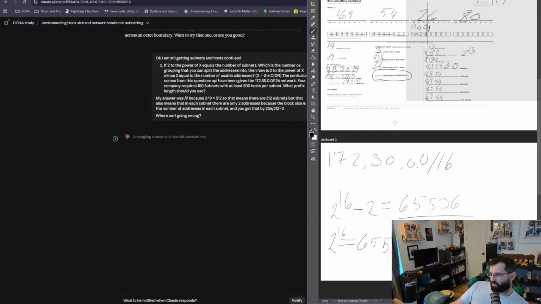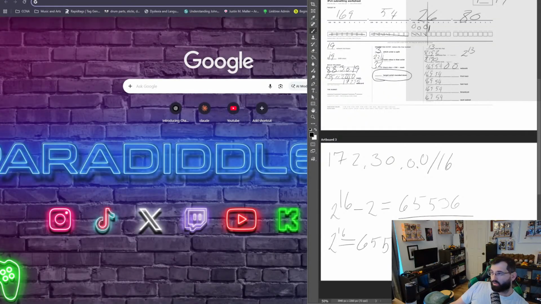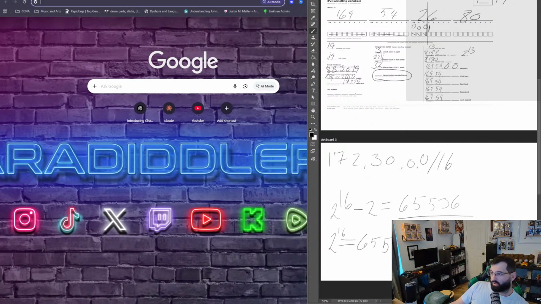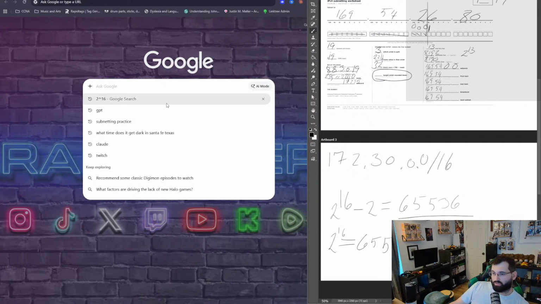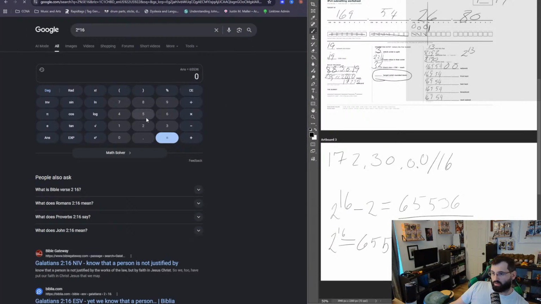Okay, so if we go here, 2 to the power of 13 is 8,000. Okay, good. So this is the number of addresses that are free. And then we divided that by 256, which got 32. So our block is 32.